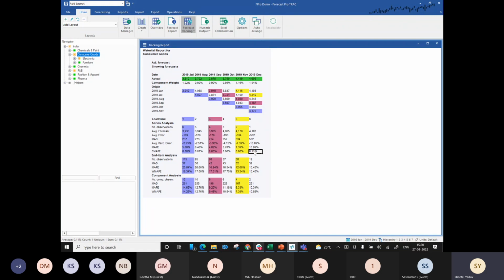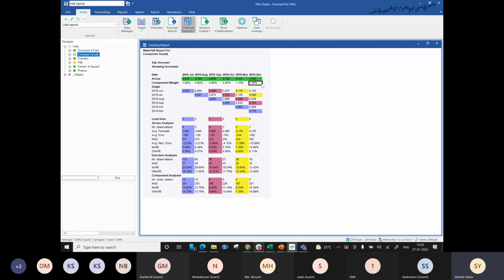So with lead time 6, we are going to look at the CMAPE. In CMAPE, the system is trying to calculate how much weight consumer good has in the next level, which is my India level. So I'm totaling all of the different categories, or the business units, and calculating how much is my component weight.